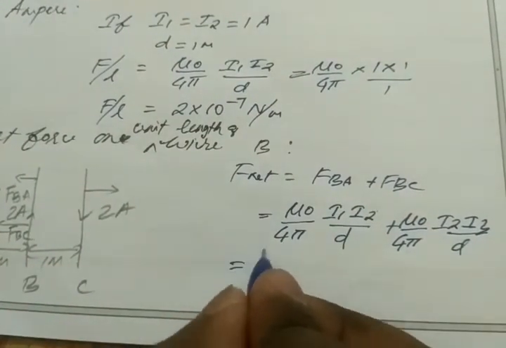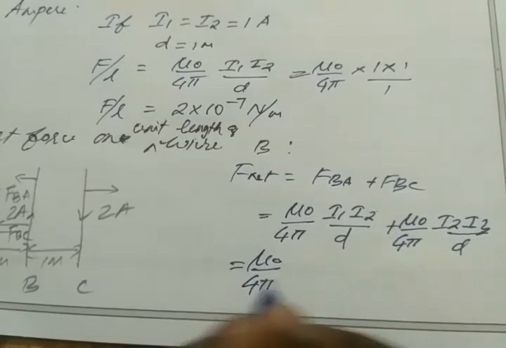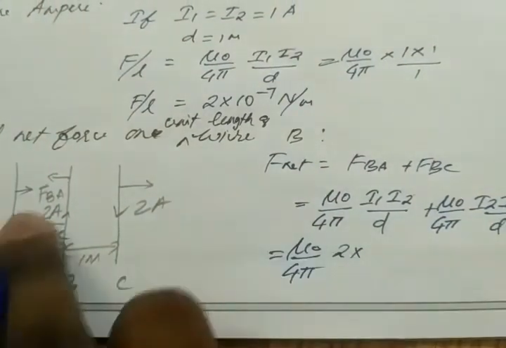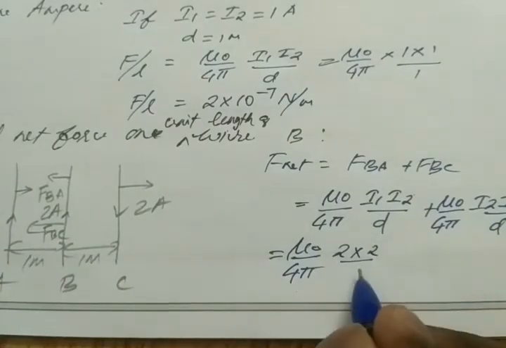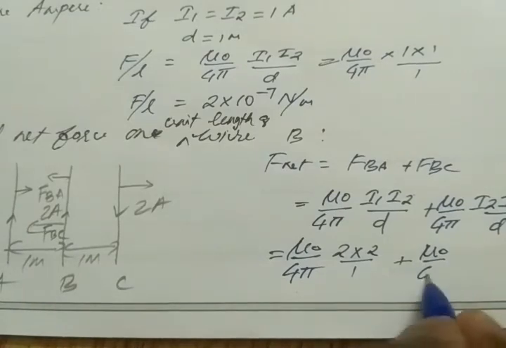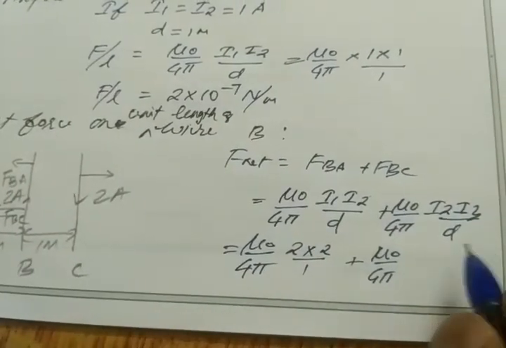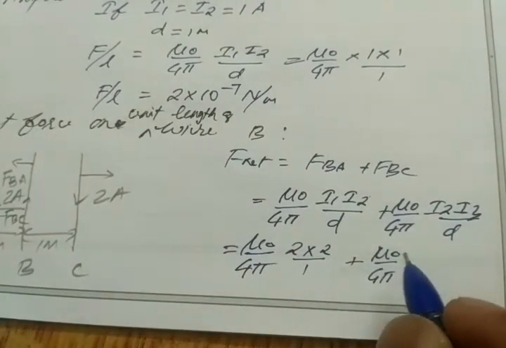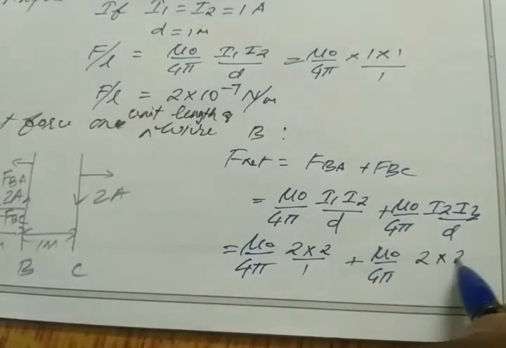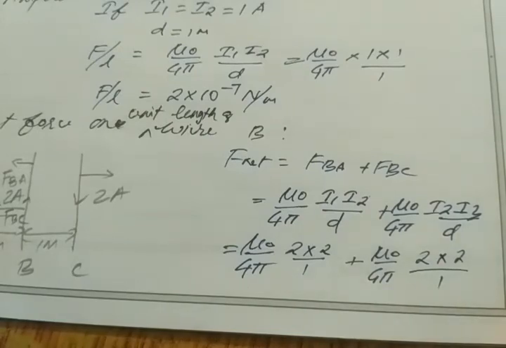So mu naught by 4 pi, what is I1? 2 ampere. I2 also 2 ampere. Distance 1 meter. Plus mu naught by 4 pi, I2 is 2 ampere, I3 also 2 ampere, distance 1 meter. If you solve this and add these two, you will get the answer.